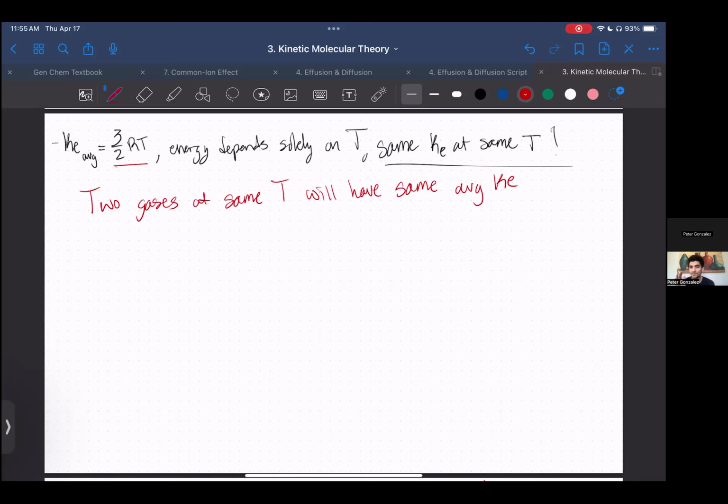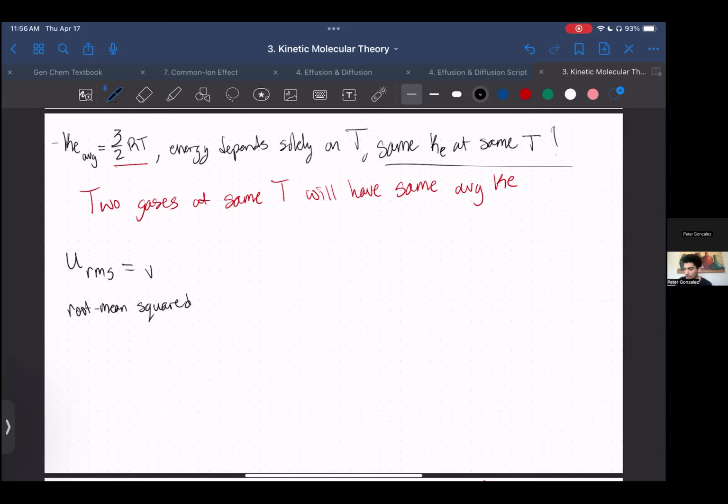So this is really the main equation you need. There is one more, and I'm just going to write it. You don't need to prove it. I'll show you where it comes from, but we use U for this. It's weird. It's still velocity, but it's called the root mean squared. I'll give you the equation first.